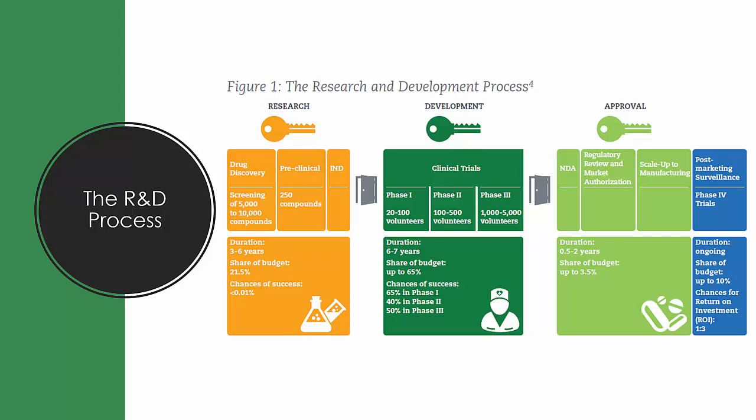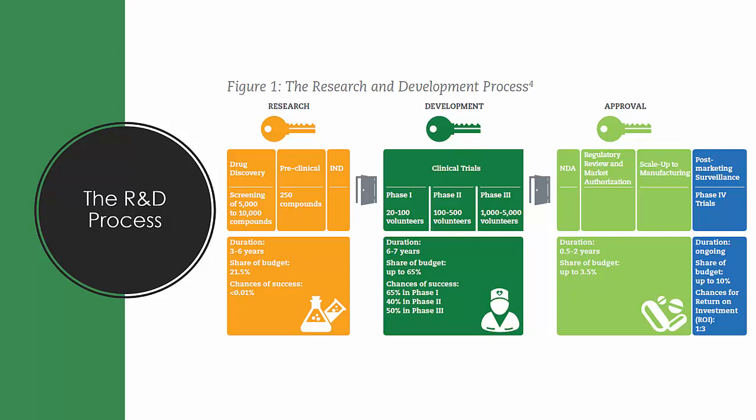Once this is done, and once a drug actually makes it through all of these various hurdles, it's finally brought to the approval stage, where it's submitted for approval by the regulatory authorities. We're going to come back and focus more on the regulatory authorities later on, because they really have to be looked at in some detail to really understand how it is that so few drugs really make it through in the end.